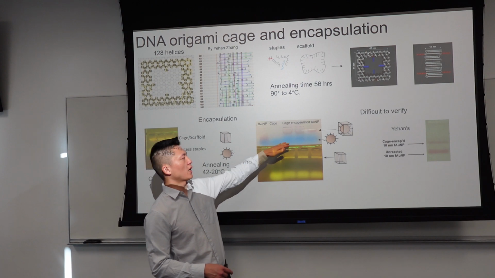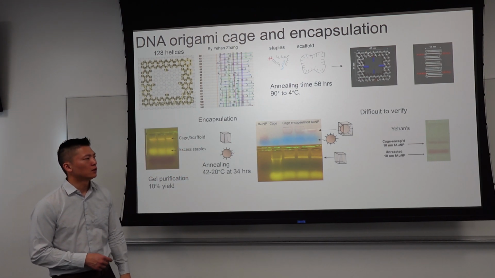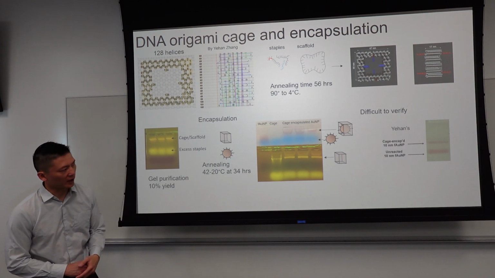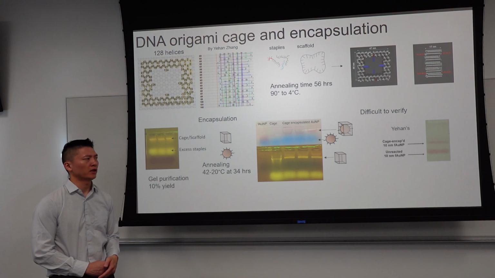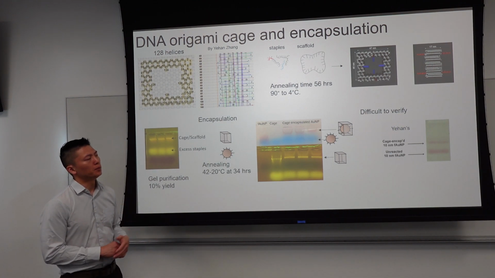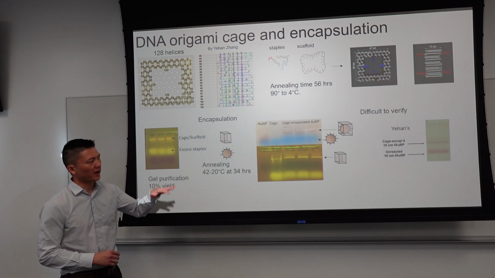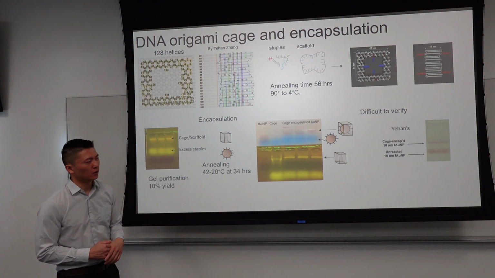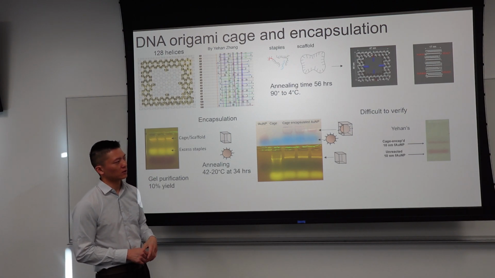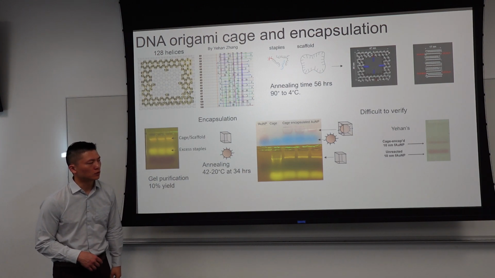This blue loading dye here is actually one of the new loading dyes that we were trying out. We're trying out different loading dyes because we feel like it may be affecting the mobilities in the bands of origami, and this loading dye turns out to be in the same region where our gold nanoparticles go to.